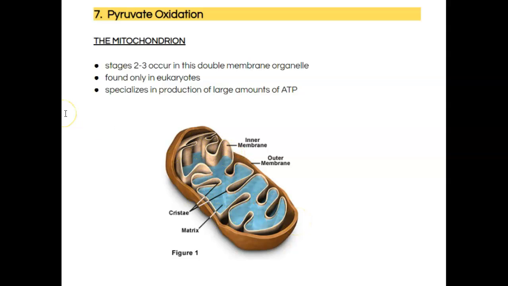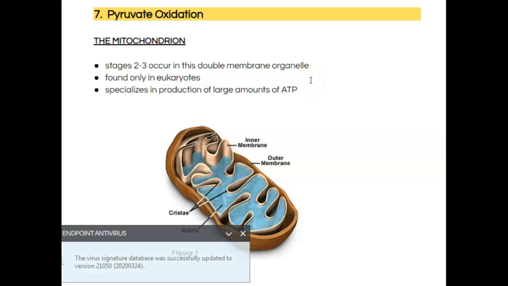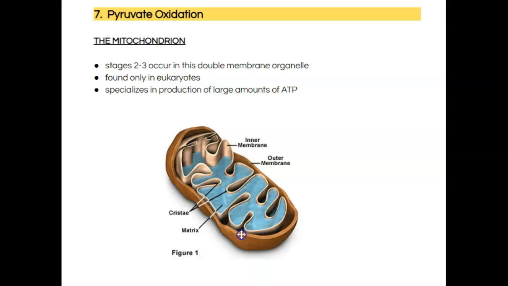Okay, so the mitochondrion. Stages 2 and 3 are going to occur in this double membrane organelle. So what do we mean when we say stages 2 and 3? Well, we're talking about pyruvate oxidation, and we're talking about the Krebs cycle. We know that if a cell is eukaryotic, it will have organelles and a membrane-bound nucleus.